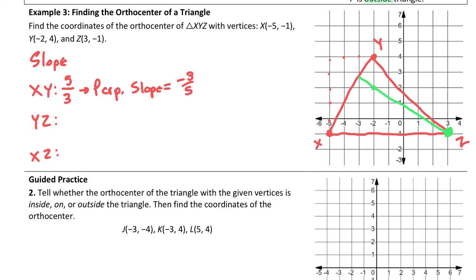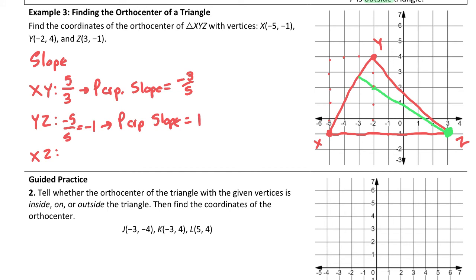Now with YZ, our slope, down 1, 2, 3, 4, 5. So negative 5 over 1, 2, 3, 4, 5. So really the slope of that side is negative 1. But we want the perpendicular slope, which would be, opposite would be positive. Reciprocal of 1 is 1.